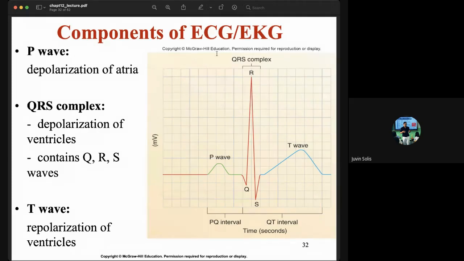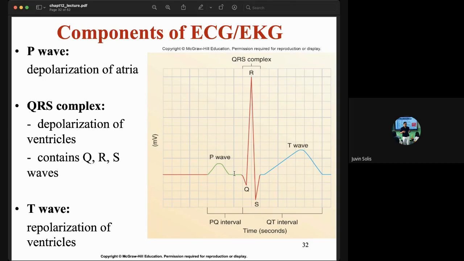So you can see here now, ito yung ECG natin, ECG readings sa ating pasyente. Technically, once you see this kind of illustration, these are normal. Here, the first wave is what we call your P wave. What is happening here is the depolarization of your atria. Now, here there are three letters, that is your QRS complex.